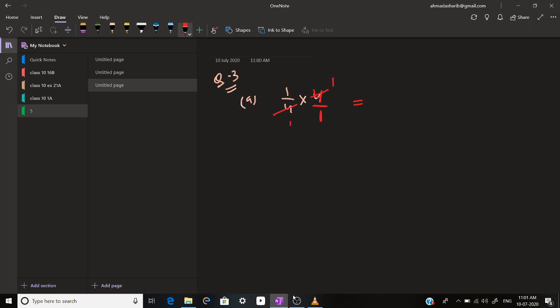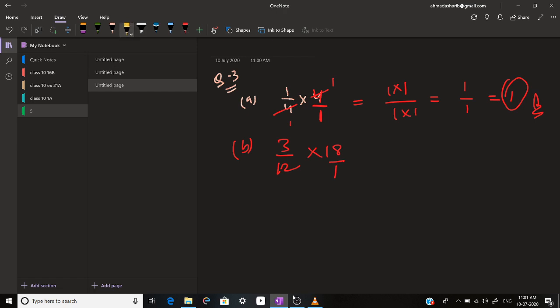so finally we are left with 1 into 1 in numerator and 1 into 1 in denominator, so 1 upon 1, so the answer is 1. Okay, now B, question number B is 3 upon 12 into 18. So we will take 1 in the denominator of 18.